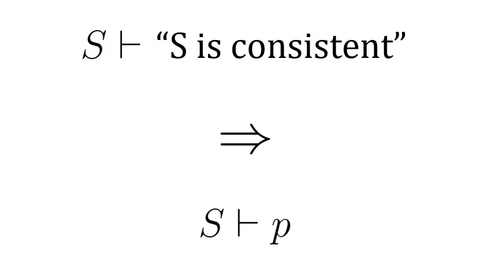So, if the system is consistent, it can also not prove the system is consistent as a statement.